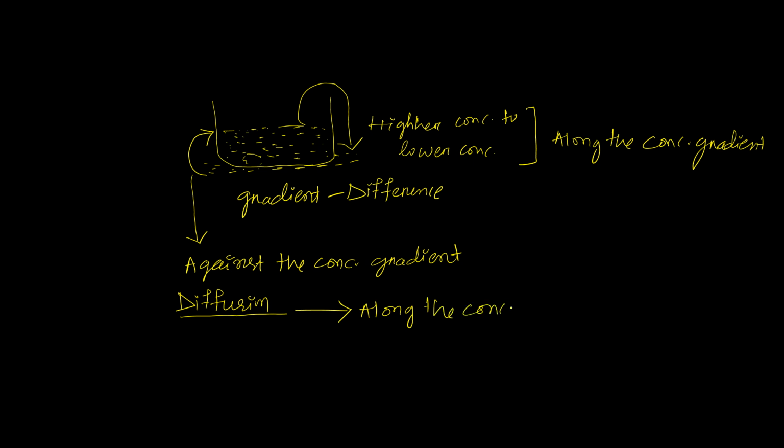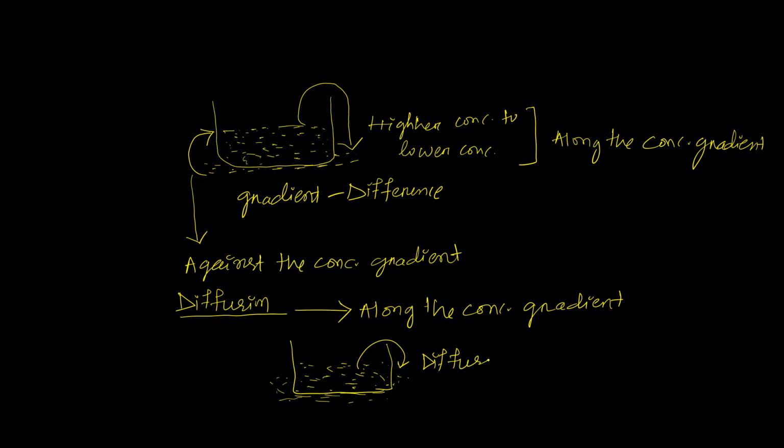If diffusion occurs in this container, water molecules will move from higher concentration to lower concentration. That is diffusion. Got it? Then moving to the next part, that is osmosis.